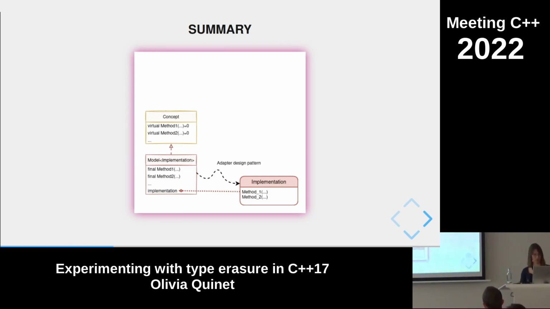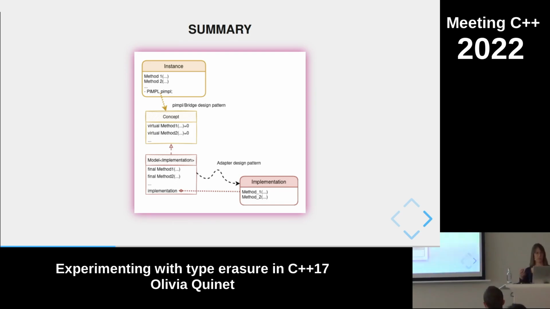And if you want to get value type semantics, you have to create an instance via the Pimpl or bridge design pattern, which wraps everything nicely. Of course, you have the method one that will call the virtual method one, then the adapter, and then the actual implementation method one, and so on for all the methods. So that's it.